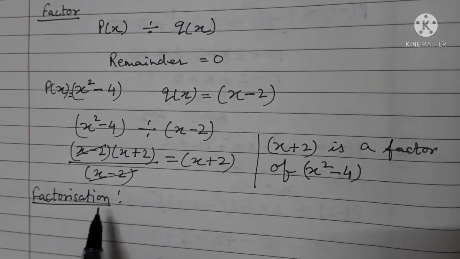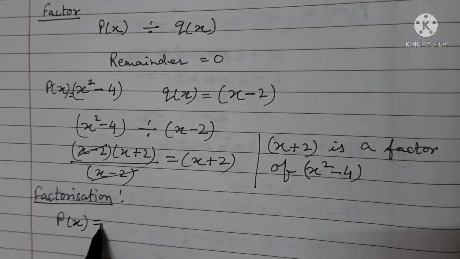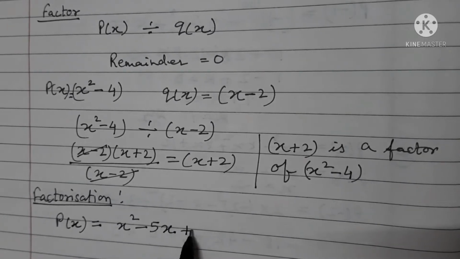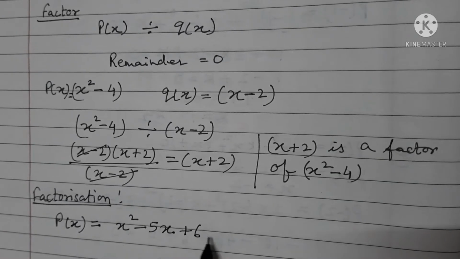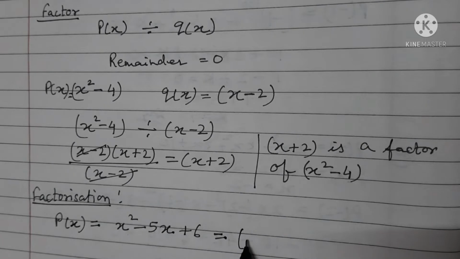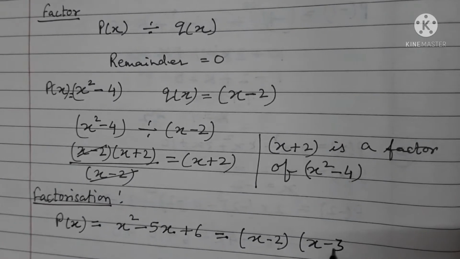Factorization: suppose a polynomial Px is equal to x square minus 5x plus 6. When you factorize, you will get the factors of this polynomial, x minus 2 and x minus 3.